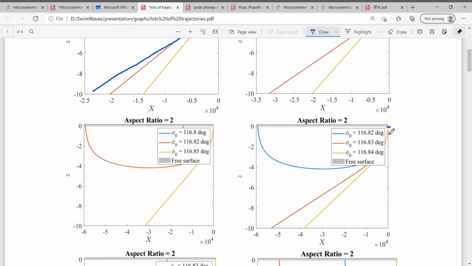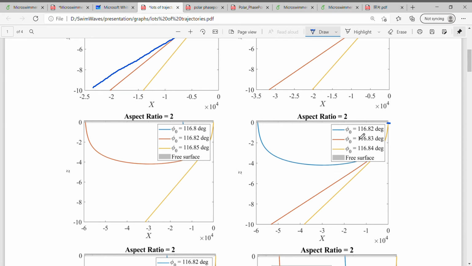There should be a critical angle affecting this behavior. Here I adjust the angle very carefully. You can see that there's only 0.01 difference in degree, and that small difference can decide whether this swimmer comes back to the surface or not.